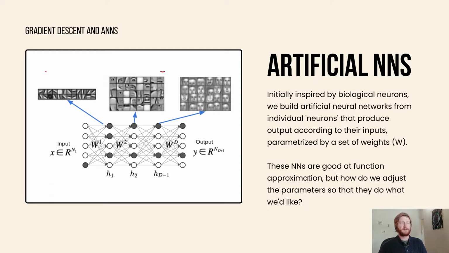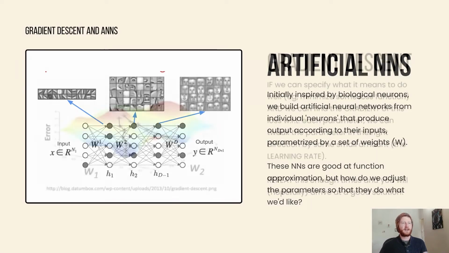We parameterize them as usually lots of artificial neurons, each with some inputs and an output. But they're all determined by these parameters, these numerical values that determine the behavior. So how do we set those parameters in such a way that this network does what we want? Enter gradient descent.